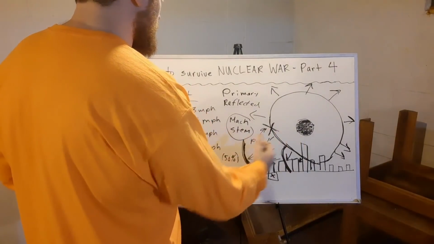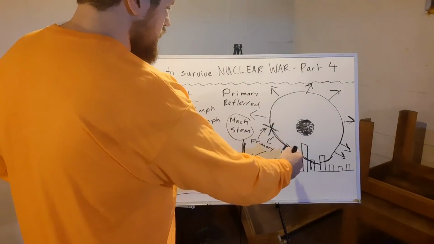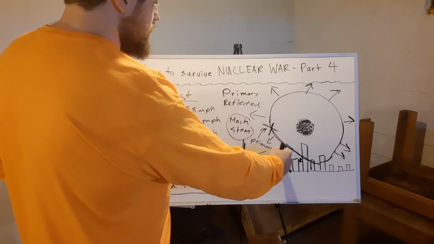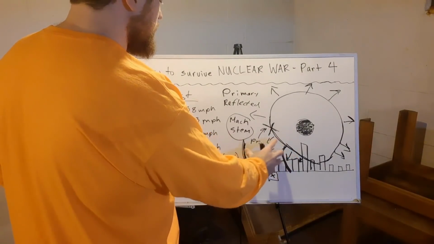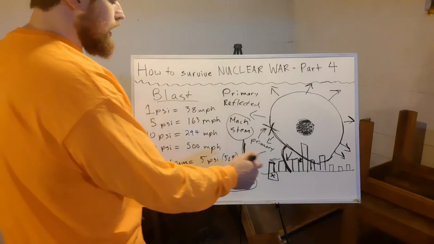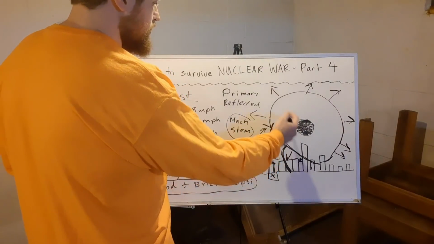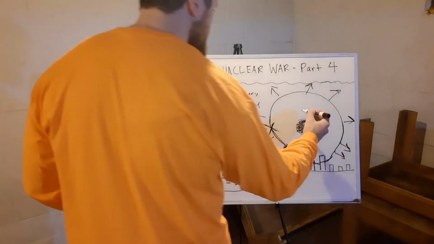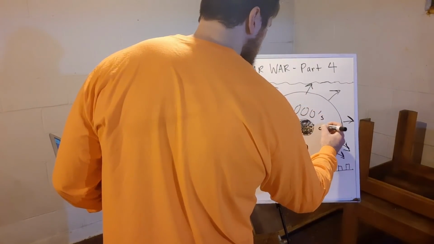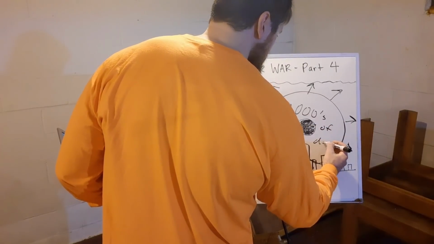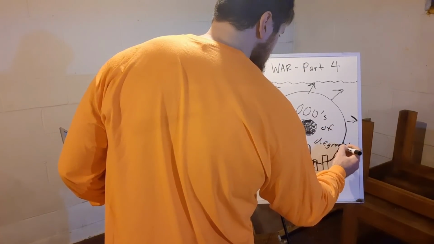Outside of that area close to the detonation point, the reflected wave will eventually catch up to the primary wave, and they're going to merge into one. Initially, the air is going to be superheated, thousands of degrees around this fireball.